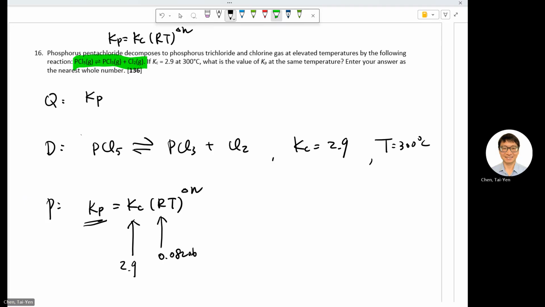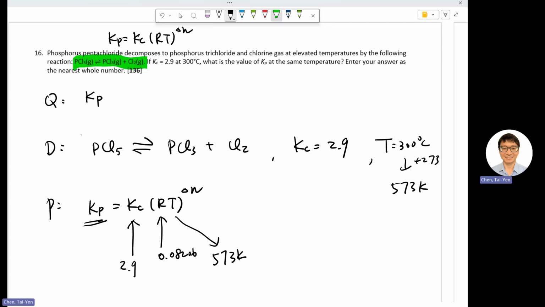Every time you see things related to pressure, which Kp is related to, right? So the R is actually 0.08206, the one with atm, okay? What's the temperature? 300 degrees C plus 273, right? That's 573 K. Okay. So the only thing that remains is what?